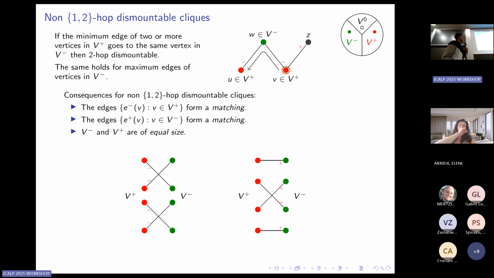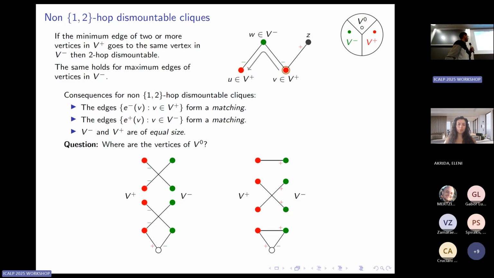And also these two together imply that V minus and V plus are of equal size. So the question now is, where are the vertices of V0?